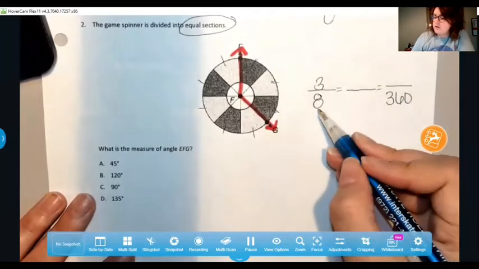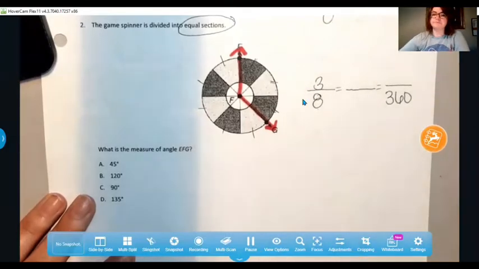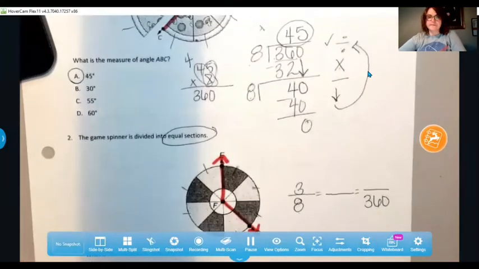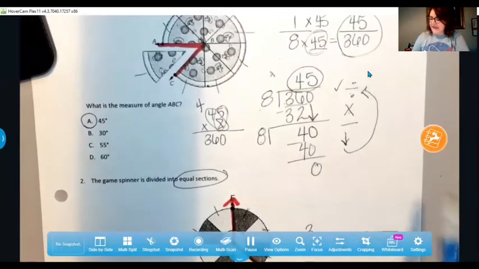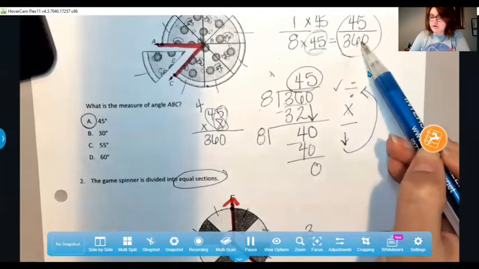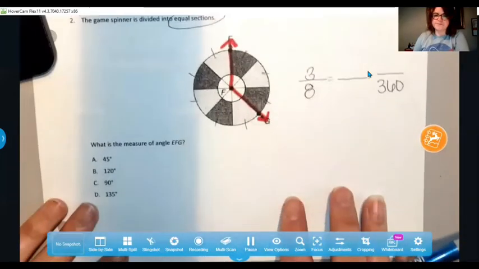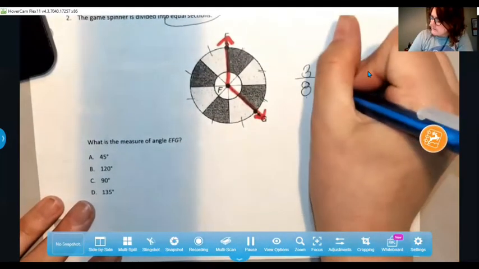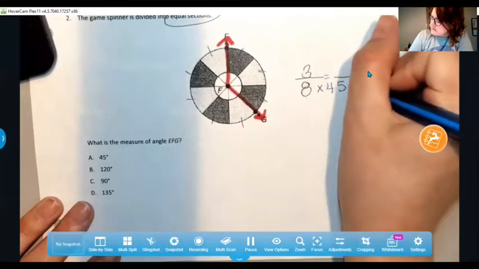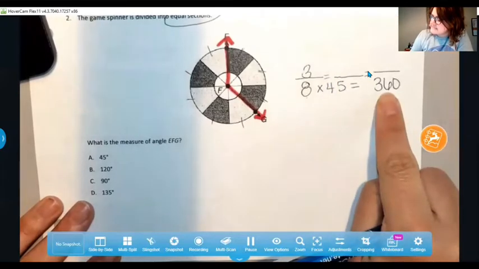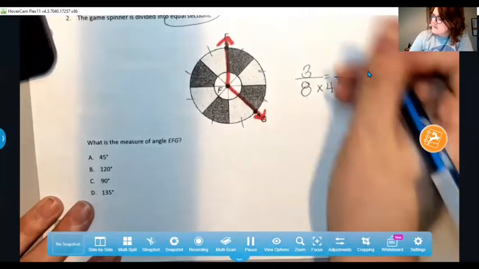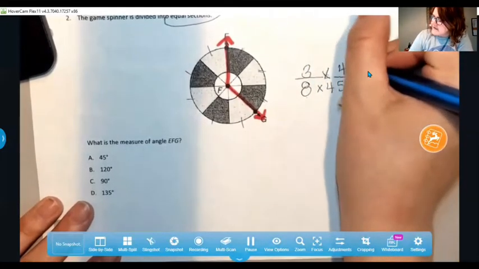And we figured out up here that to get from 8 to 360 by multiplication, we multiply by 45. So 8 times 45 equals 360. So I'm going to take 3 times 45.